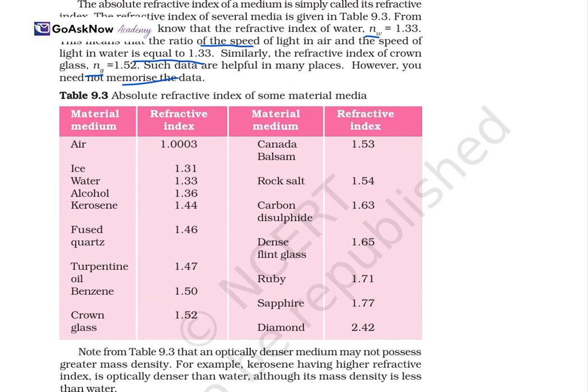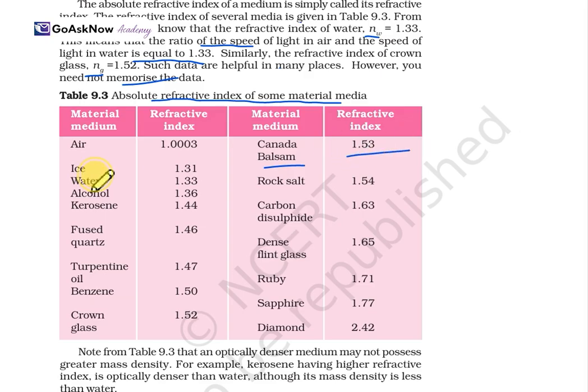Now, this is the value table, which represents the absolute refractive index of some material media, like air, ice, water, alcohol, kerosene, fused quartz, turpentine oil, benzene, crown glass. These are the media and their refractive indices respectively. For air, it is 1.003, and for Canada balsam, the refractive index will be 1.53.